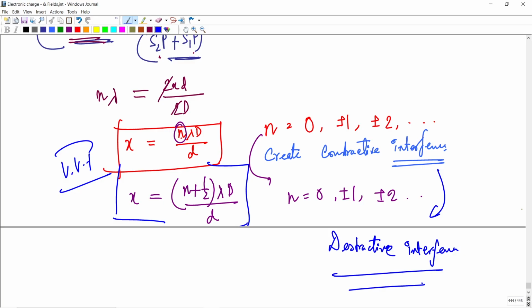So we get bright and dark bands or spots that appear on the screen. Such bands are called fringes. What is fringes?